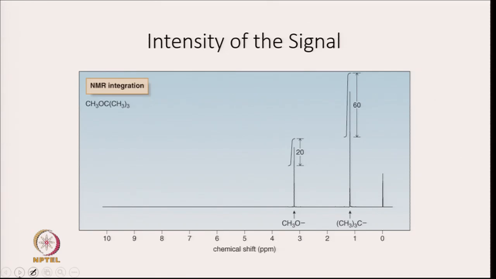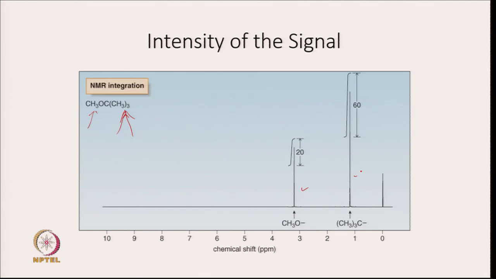So, now see in this case, this is CH3O-C(CH3)3. Now, if you notice, they have two different kinds of protons. So, you get two signals, and now just based on their intensity, you can tell which proton gives which signal.